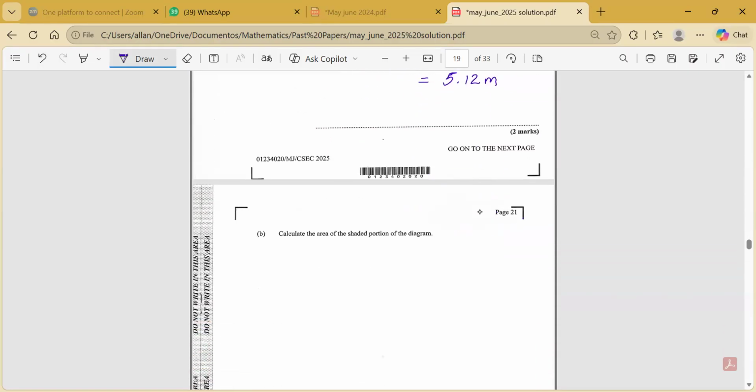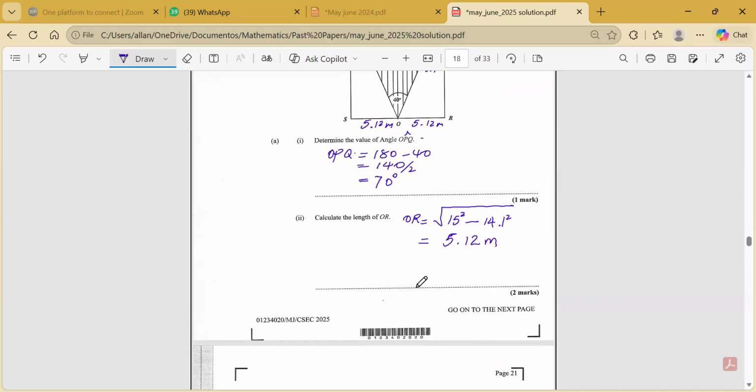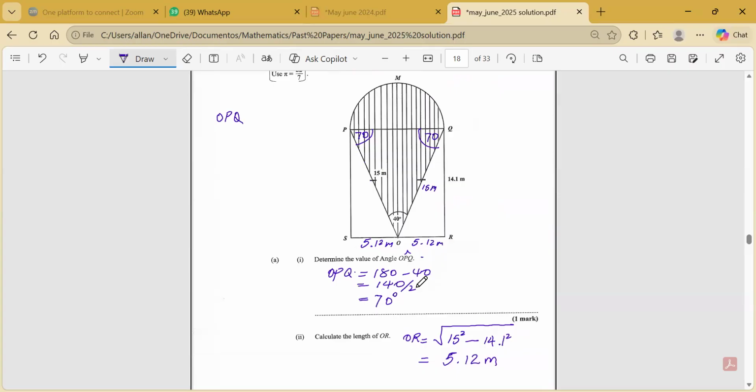So the next question: calculate the area of the shaded portion of the diagram. Area of a triangle is half base by height. Do we know the height of the triangle? Yes, we do.